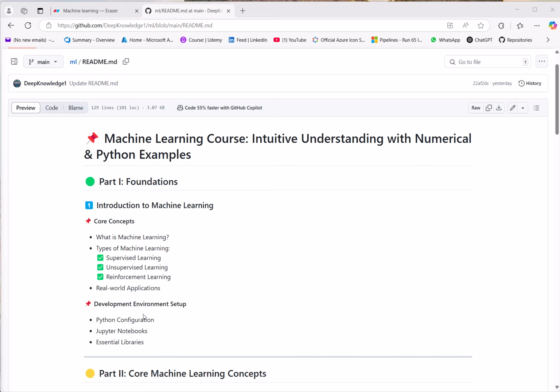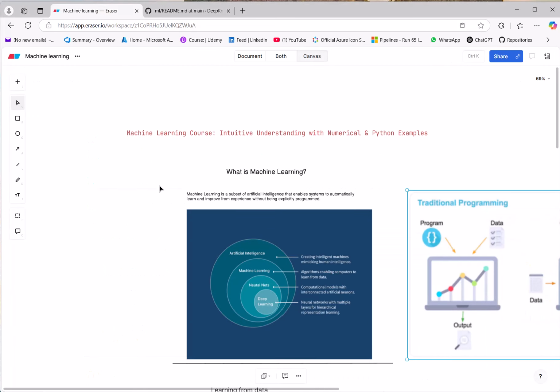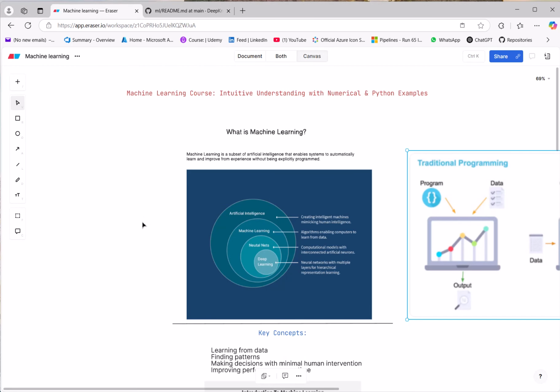Imagine we need to know what machine learning is. Imagine teaching a child to recognize animals like cats.